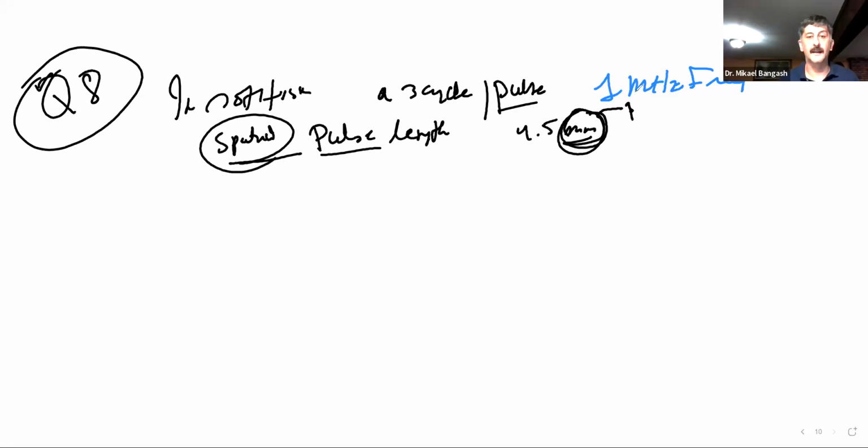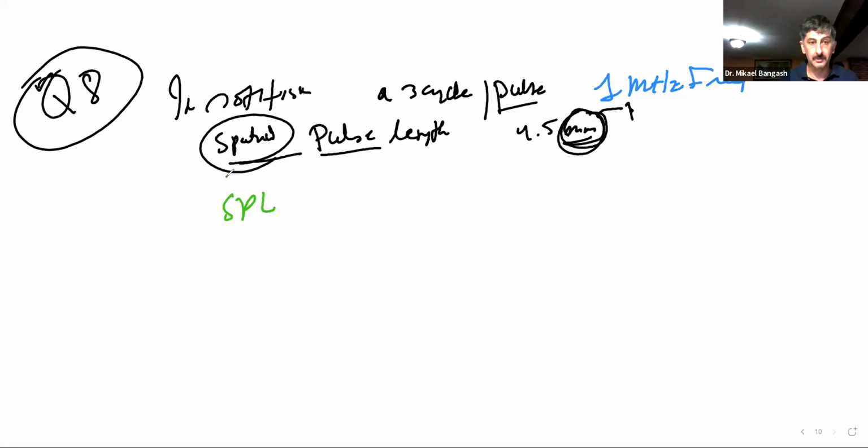Did you get that? Yes. Right. Now the question they just asked you here is, where is the axial resolution? Some of you may ask, so what am I supposed to do? Because for your spatial or axial resolution, you will need to know the spatial pulse length.